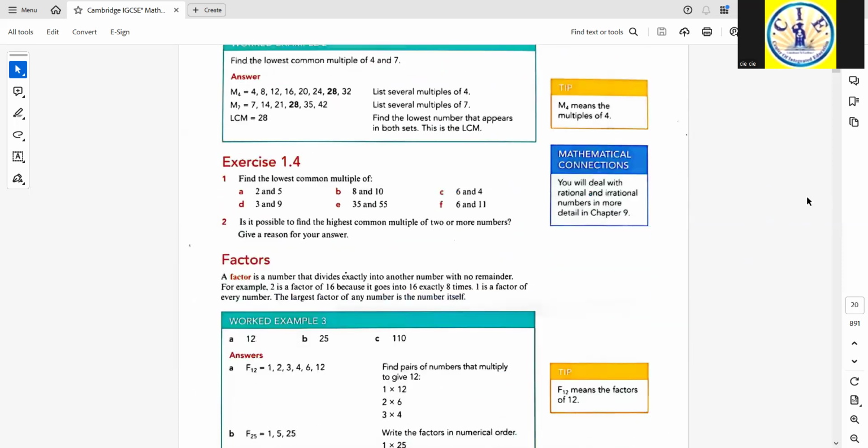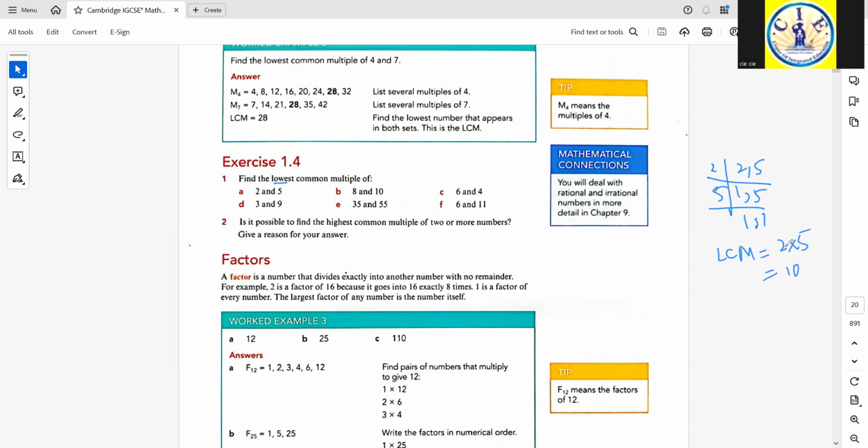Okay, for exercise 1.4, find the lowest common multiple of 2 and 5. Since these are prime numbers, they are divisible only by 1. So that means the LCM is the product of these prime factors.